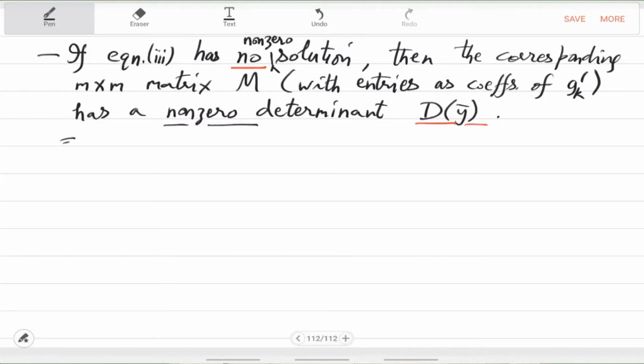Its degree is given by the dimension, which is M, times each entry's degree, which in turn depends on the degree of gk prime in y bar, which is 2 raised to k at most. What is M? M is at most 3d cube, and 2 raised to k is at most 2d square. So you get 6d5.